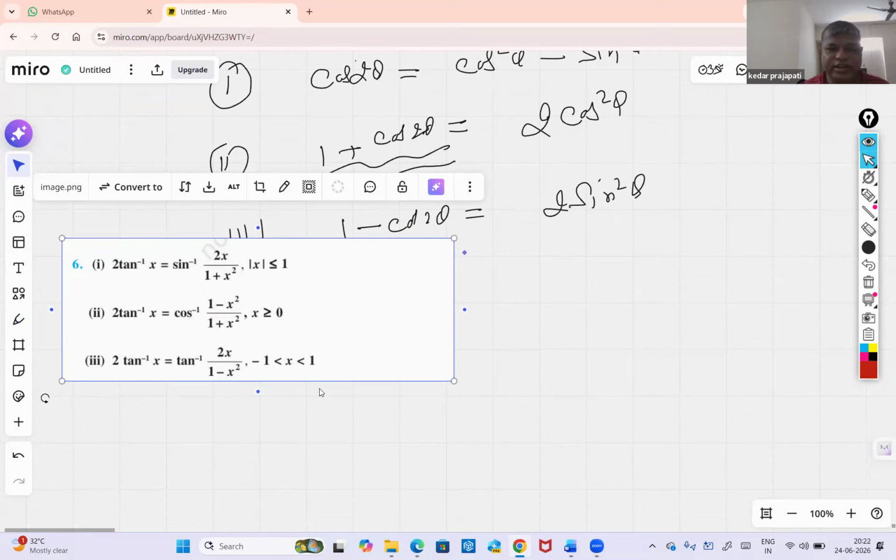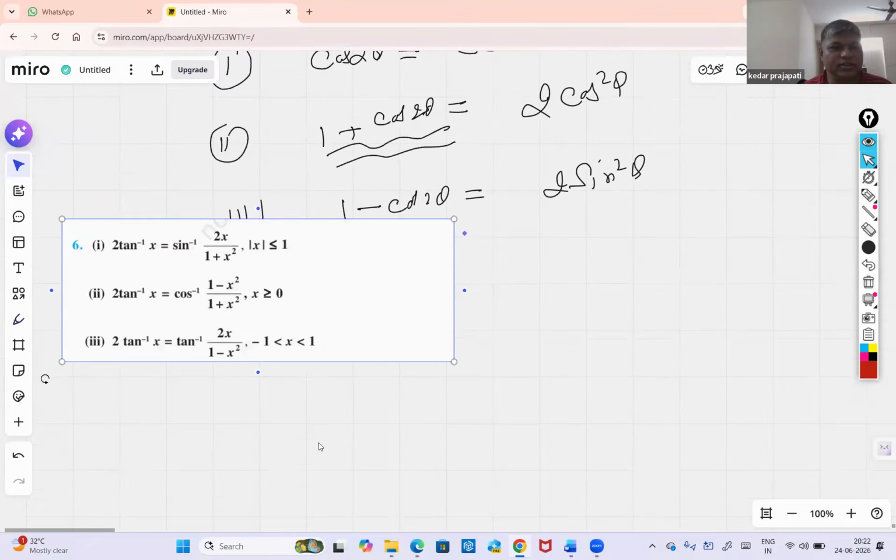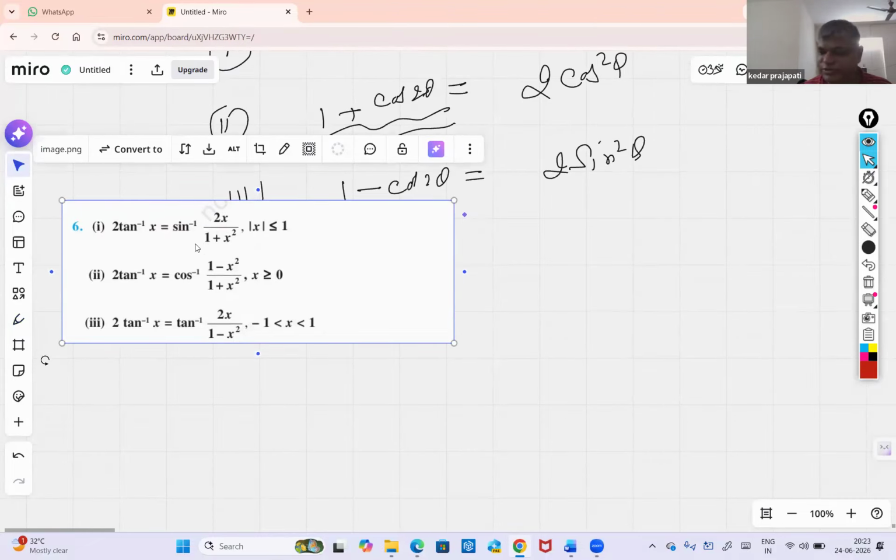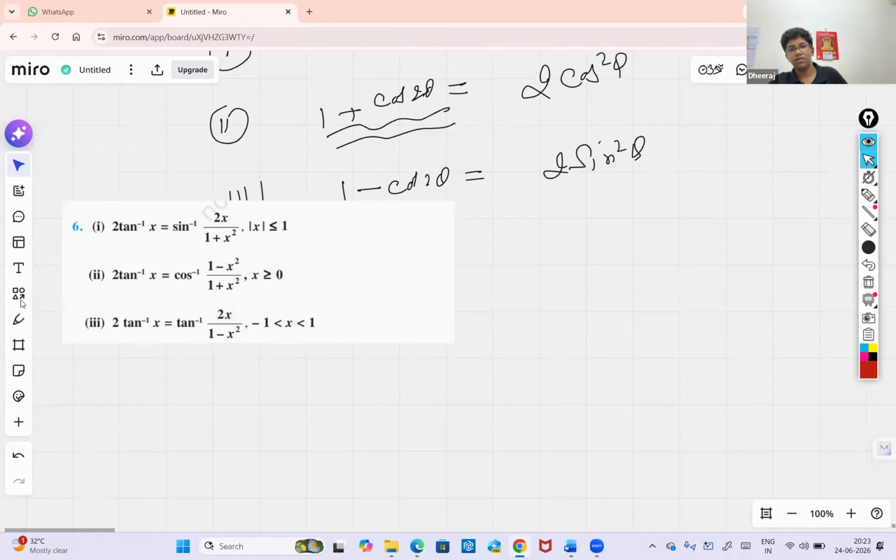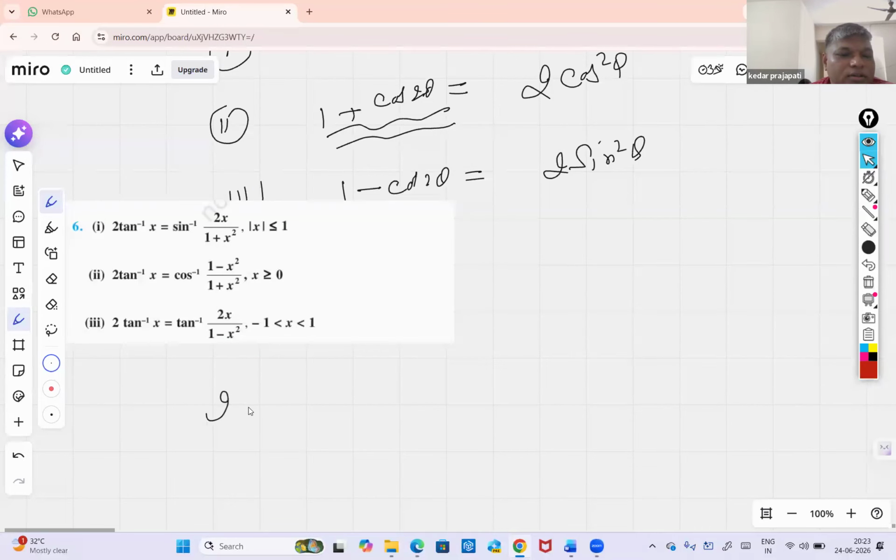So tan inverse in terms of sine inverse. What is happening? 2 tan inverse x, suppose it is y. It means what?